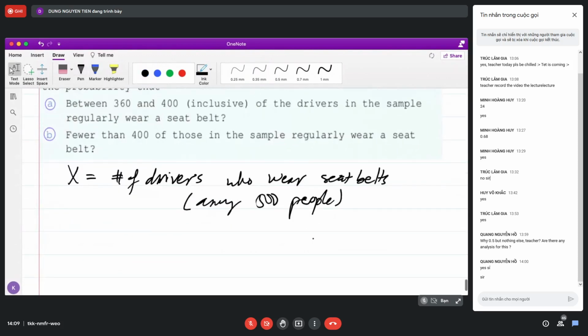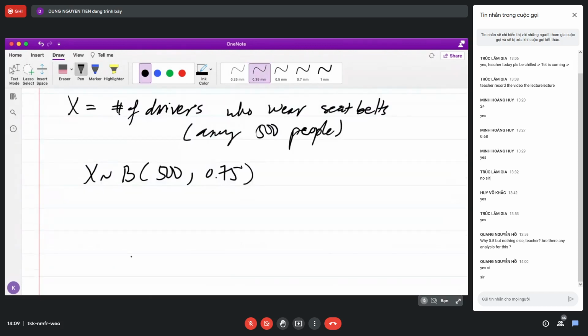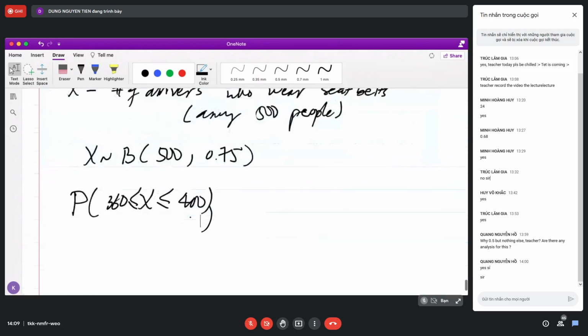Then X follows a binomial distribution with parameters 500 and the rate is 0.75, right? And then you want to find the probability that X is between 360 and 400. Understand?